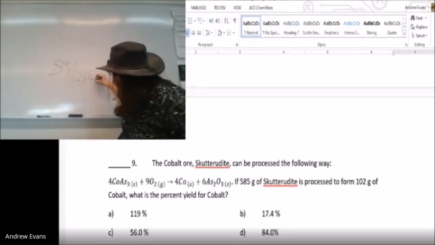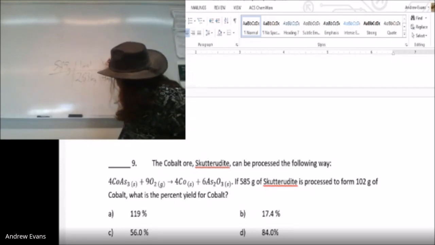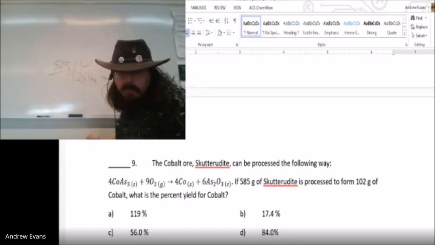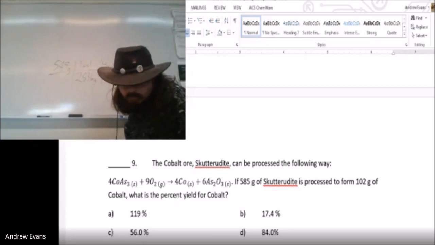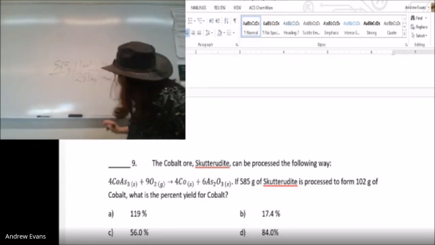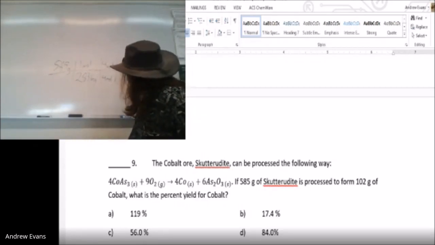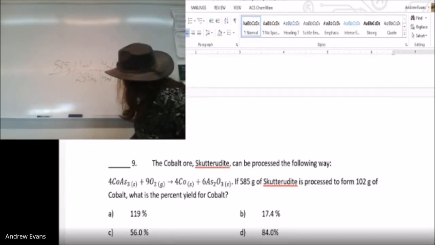283.6 grams per 1 mole. For every 1 mole, you get 1 mole of cobalt. And as we said, cobalt is 58.9 grams per 1 mole.